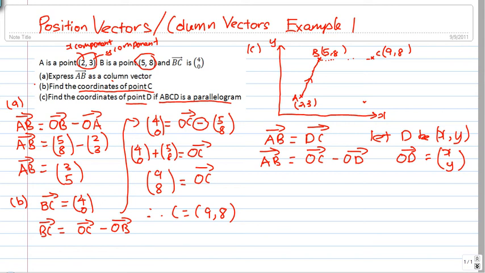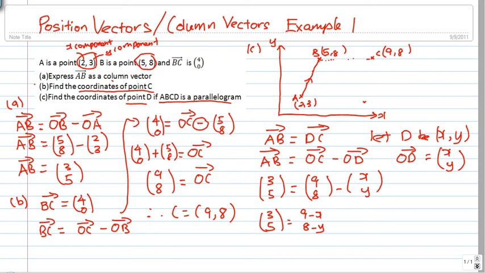DC, and AB is actually equal to (3, 5), represented as a column vector. OC has been given as (9, 8), and OD is just (x, y). So (3, 5) is equal to (9 minus x, 8 minus y).